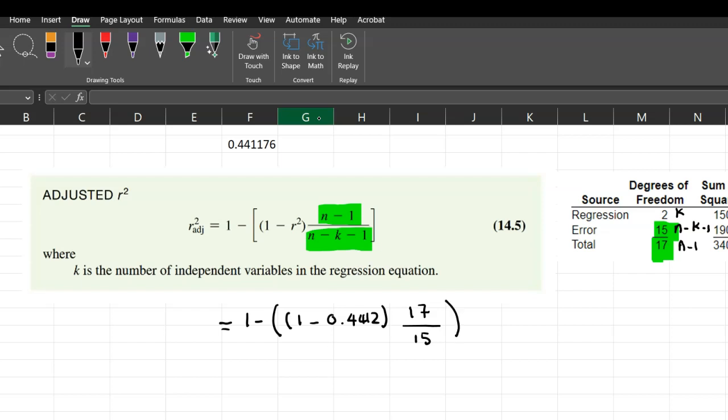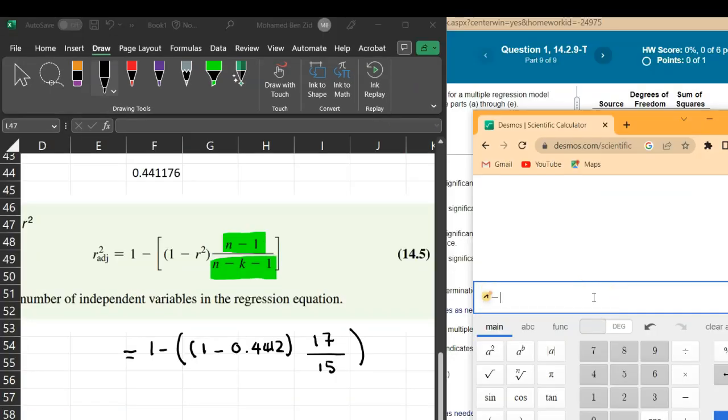I'm going to use a regular calculator. So this is going to be 1 minus, open the parentheses twice, 1 minus 0.4412, close the parentheses, and then times 17 divided by 15.